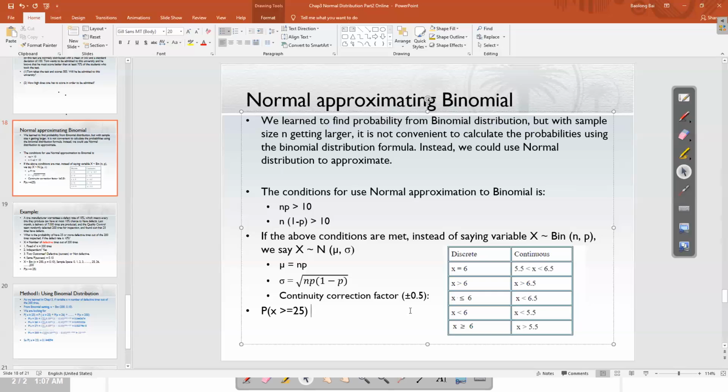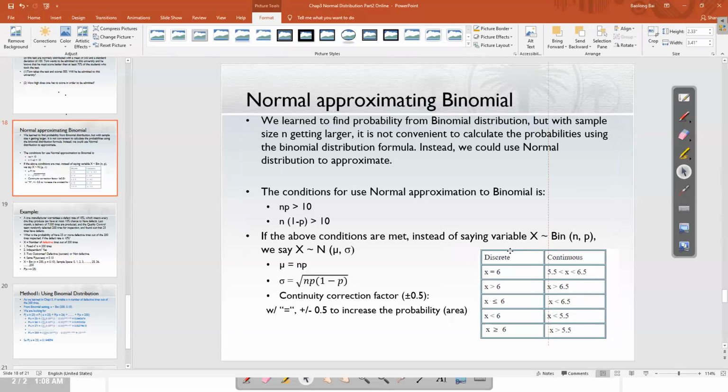So how do I adjust it? It depends on whether you have an equal sign or not. If you have an equal sign, we need to either add or subtract 0.5, we don't know which yet, but the purpose is to increase the probability or area.